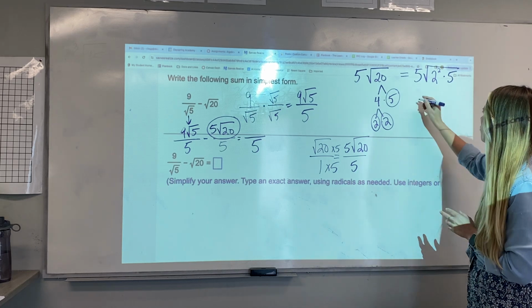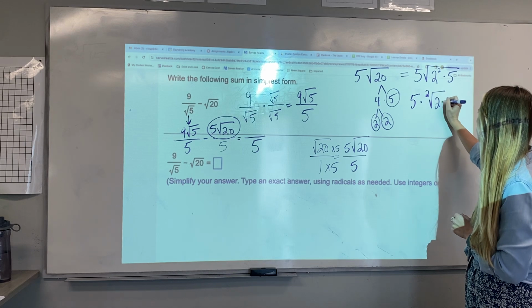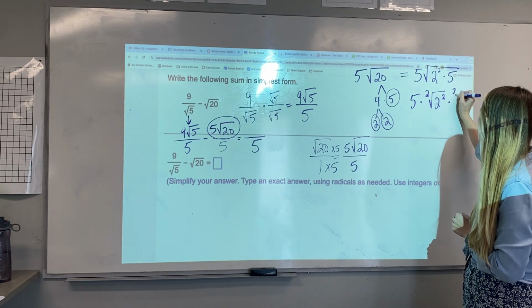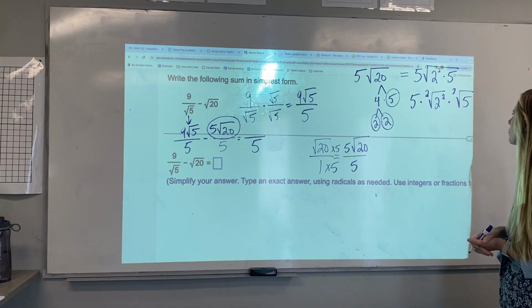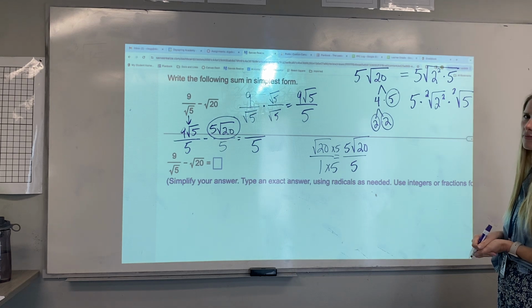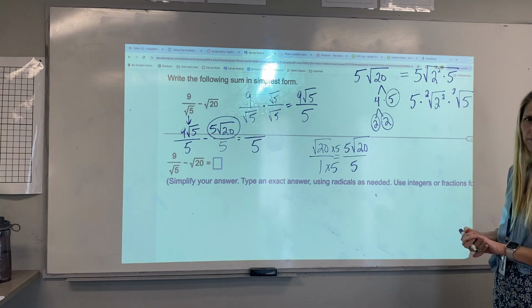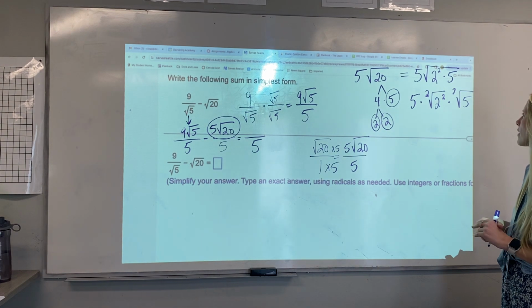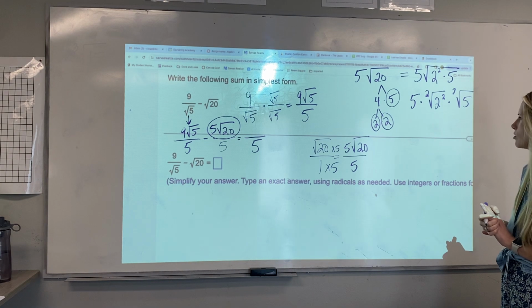So now we have 5 times the square root of 2 squared times the square root of 5. What can I simplify? Anything I can simplify? Anything that can be freed from its radical cage?